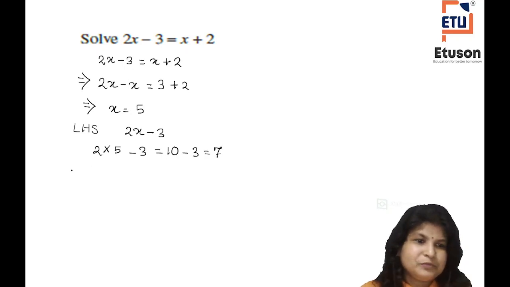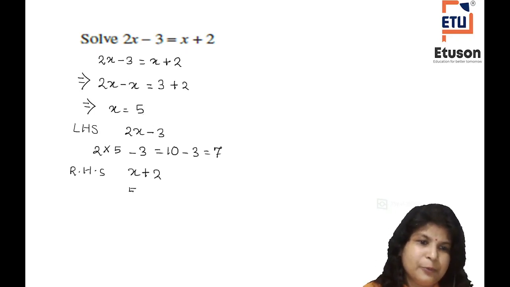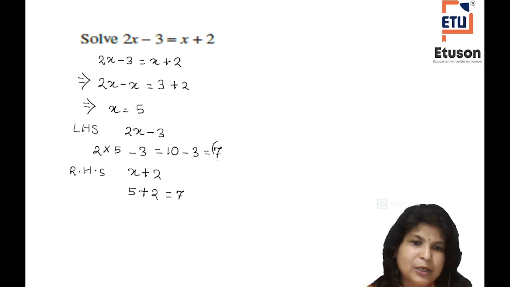Correct, children? What about the right hand side of the equation? It is x plus 2. What value have you got for x? It is 5, right? So I will put 5 here, and 5 plus 2 is equal to 7. Previously what had you got for the left hand side? It was 7, and here also you got 7.